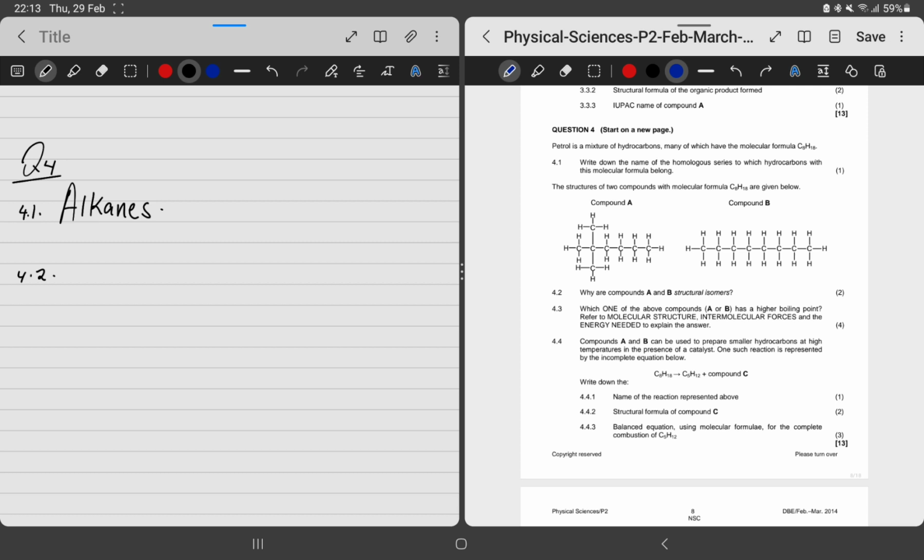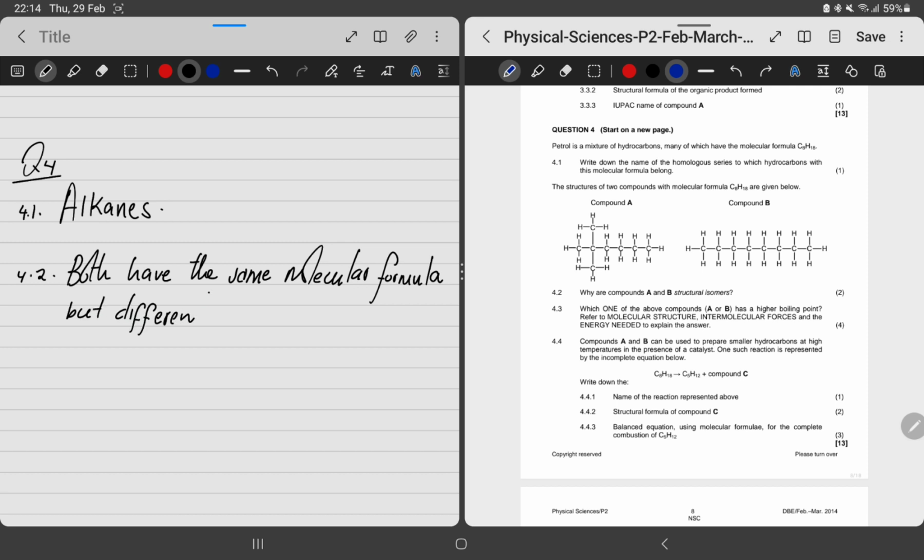Of the atoms. So we are going to say both have the same molecular formula, but different structures.